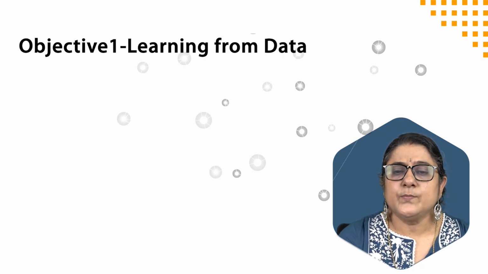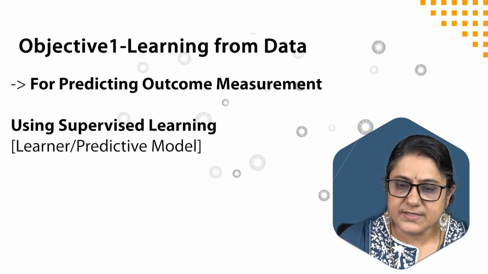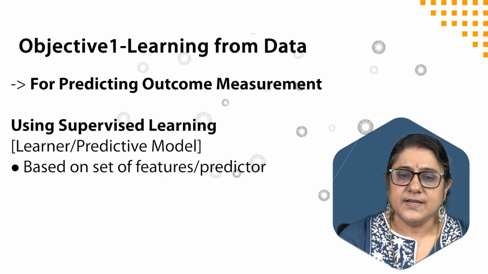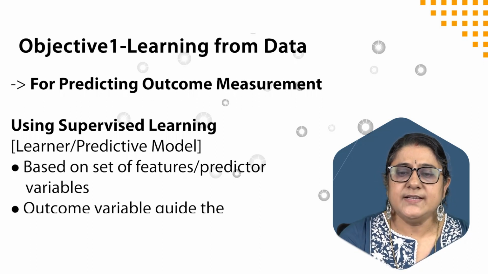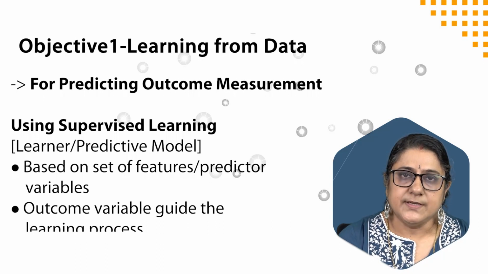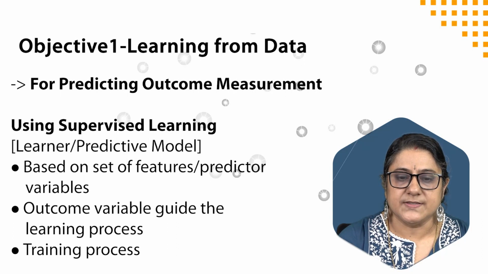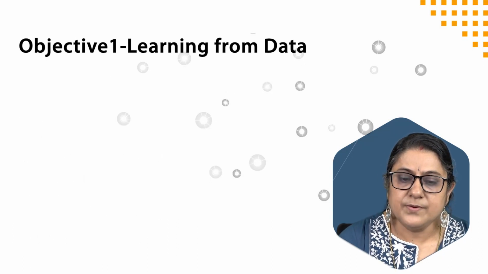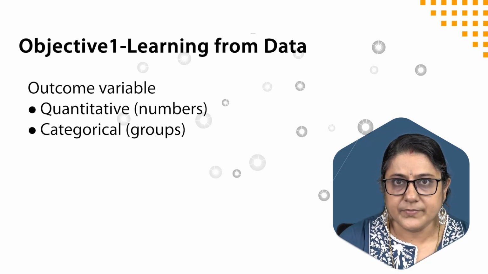There is a supervised type of learning where, based on the set of features and the predicted variables, the outcome variable is also known, and that guides the whole learning process. This learning process is also called the training process. And the output can be quantitative or categorical.